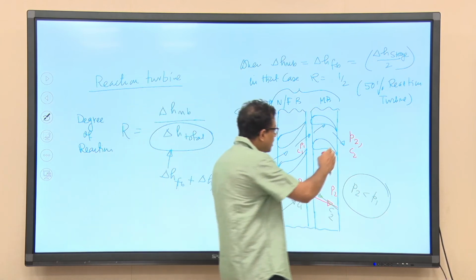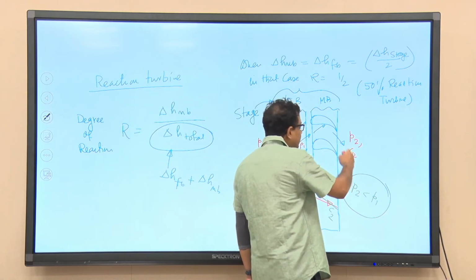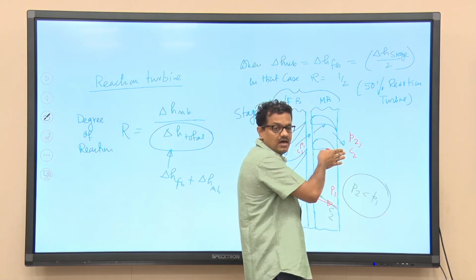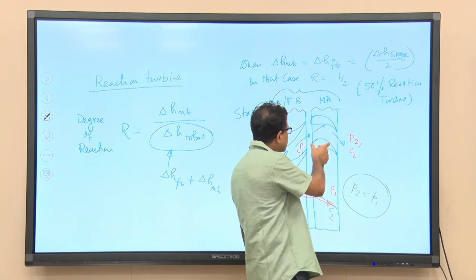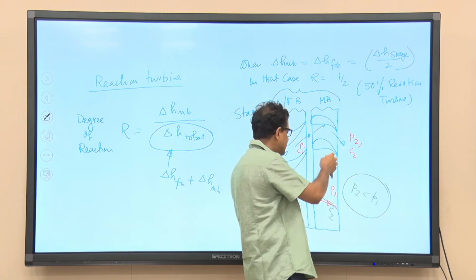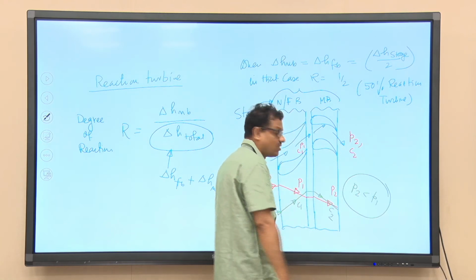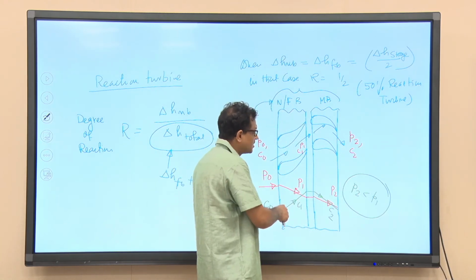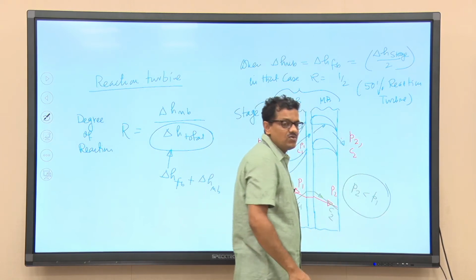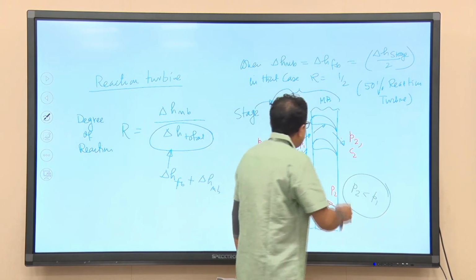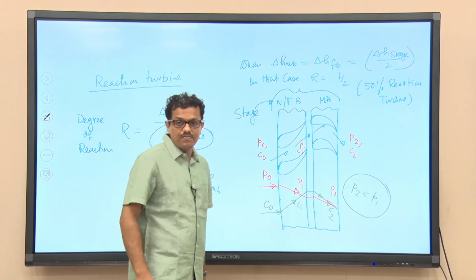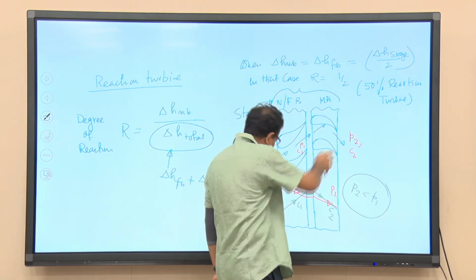Because of the relative increment in the kinetic energy as the steam passes through the row of moving blades, the kinetic energy is getting increased. So, a reaction force will be there, and because of this, as I told you, C 2 is even greater than C naught. So, because of this high absolute velocity, the relative velocity also will be higher because blade velocity is the same. Try to understand, C 2 is greater than C naught.